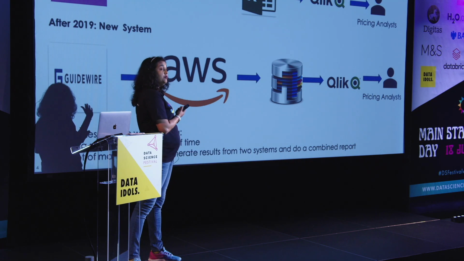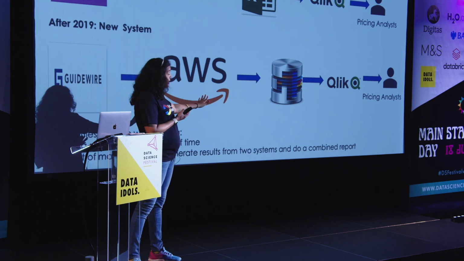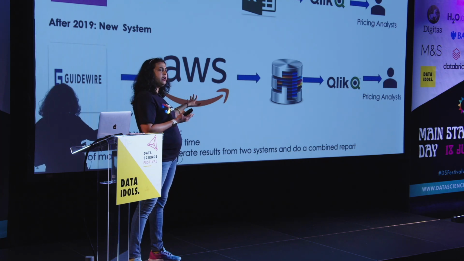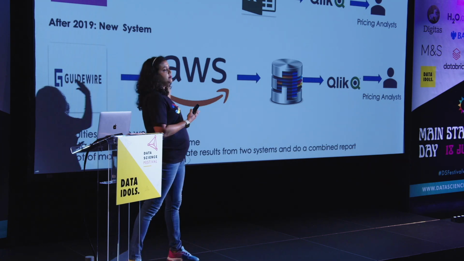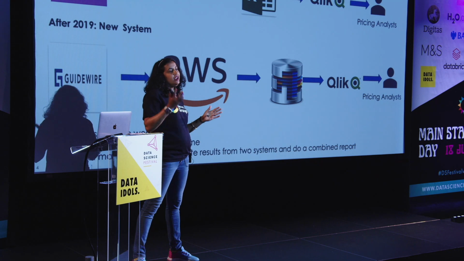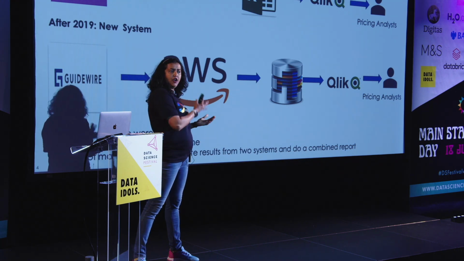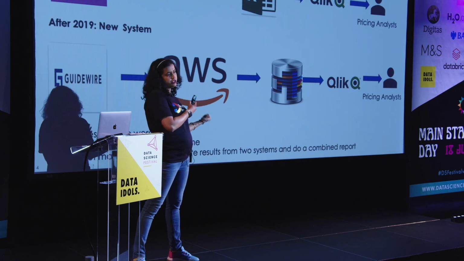We selected the AWS platform to host all our data from the new policy system, created a data lake, and from this data lake, for any new policies sold from our new system, analysts could access it via MI tools like Click or directly by ad hoc querying, as well as connect their traditional modeling tools to it.